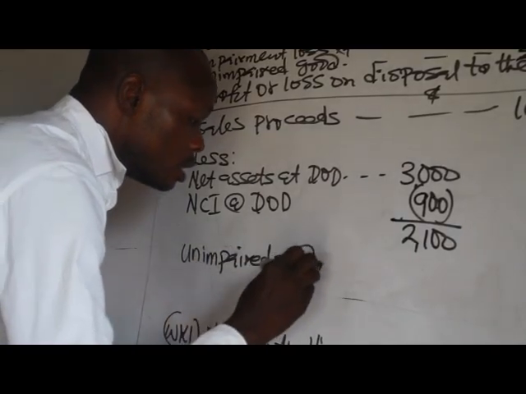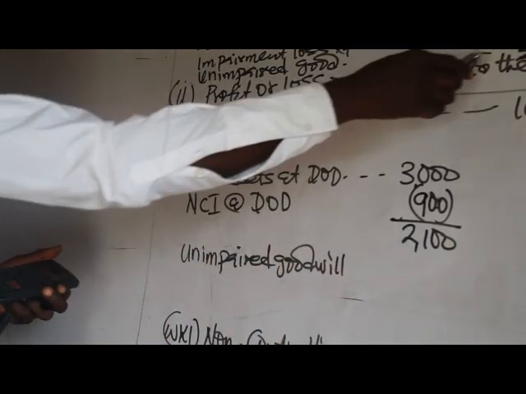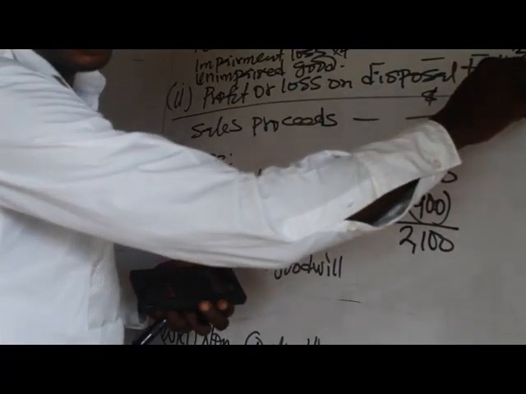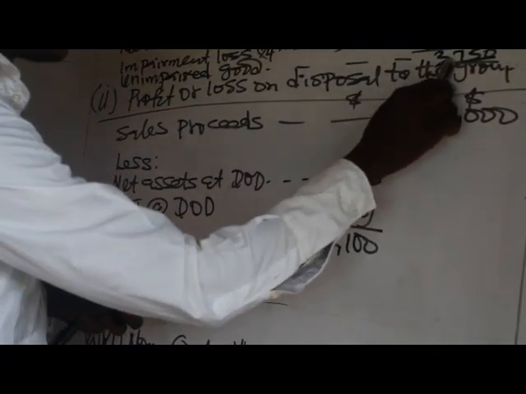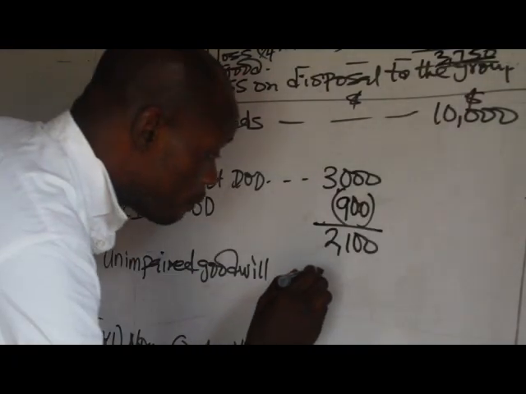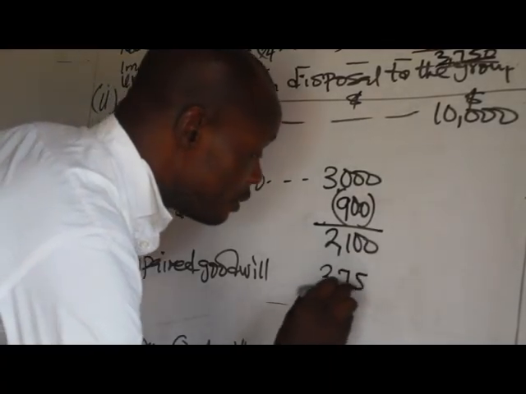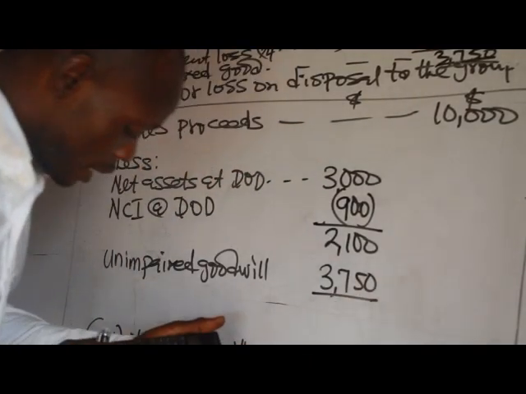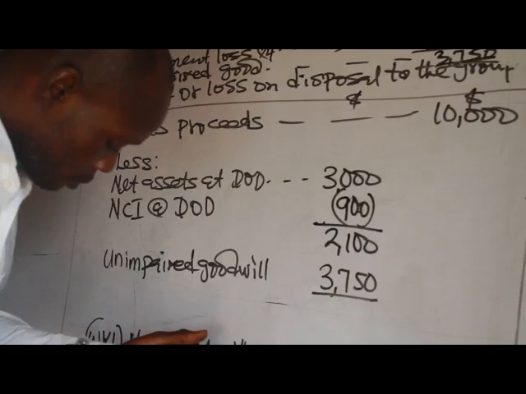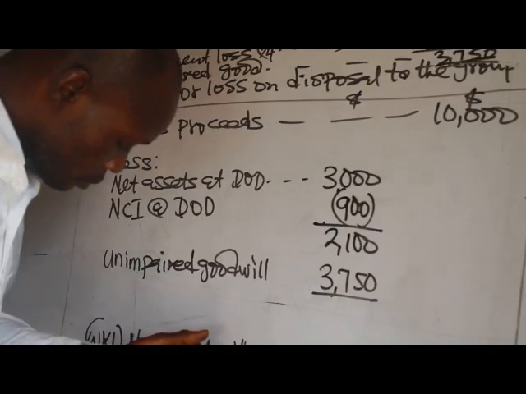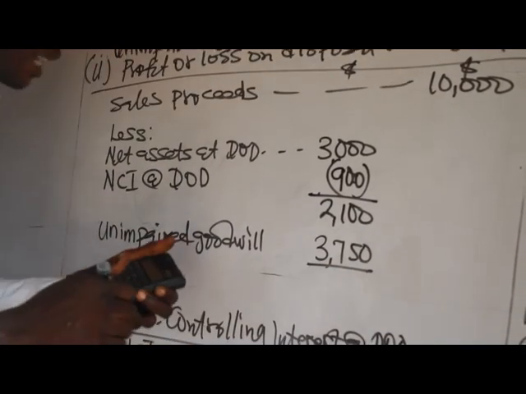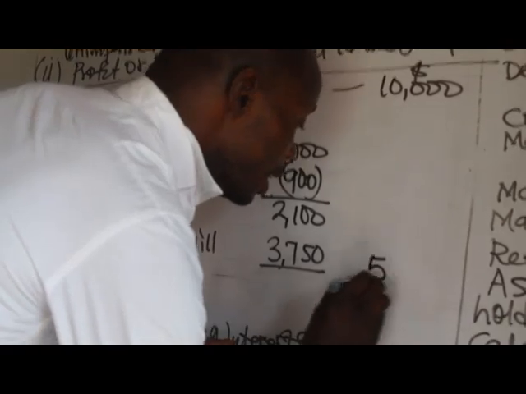Then you now have unimpaired goodwill, and that has been calculated, and we got 3,750, as calculated above. So if you add it to 2,100, we have 5,850.